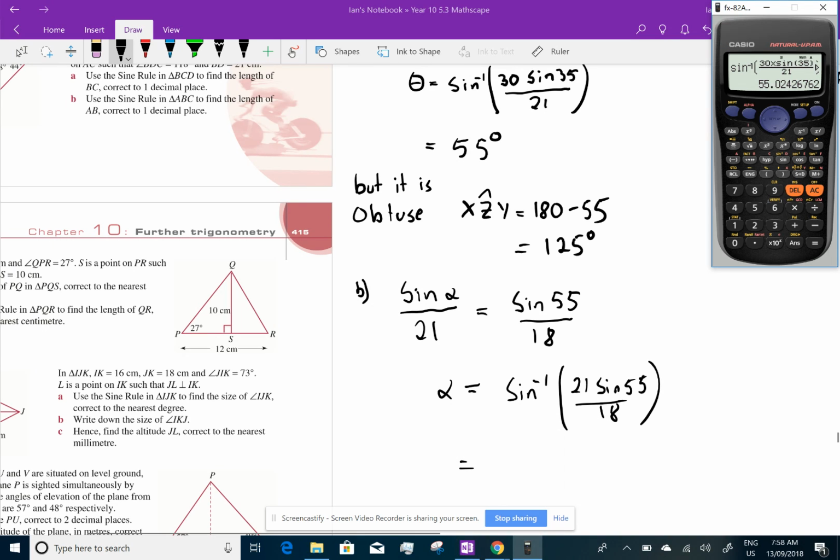It's all still in there, so we'll just go backwards. 21, 55 and 18.